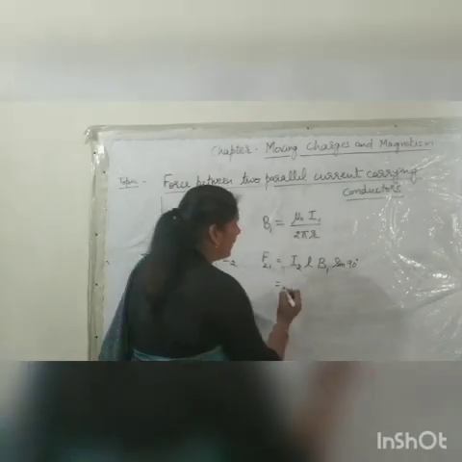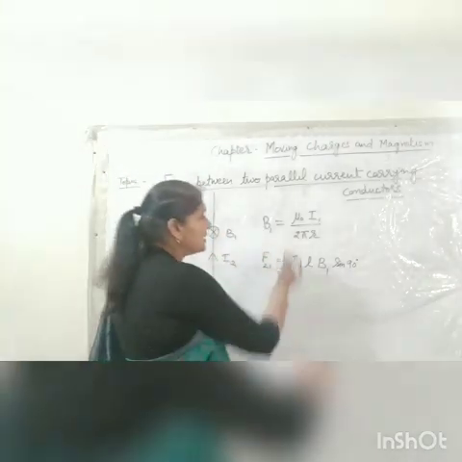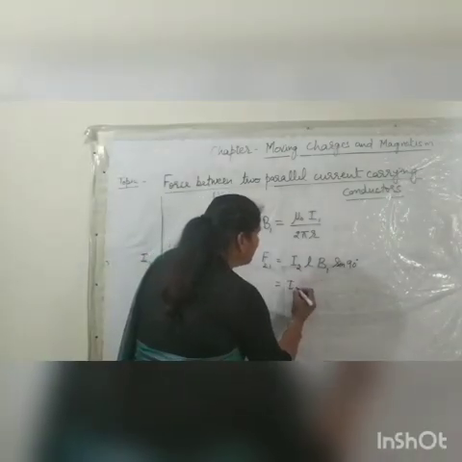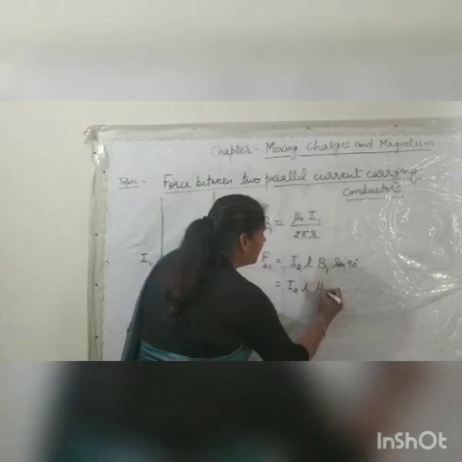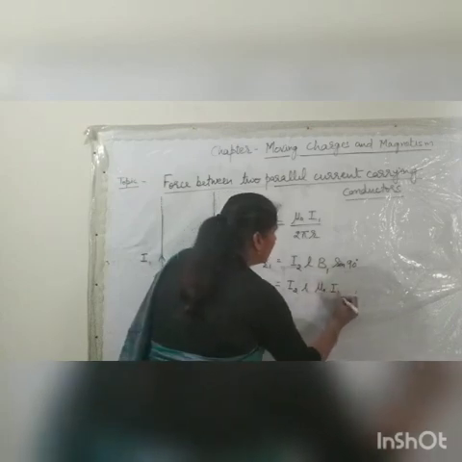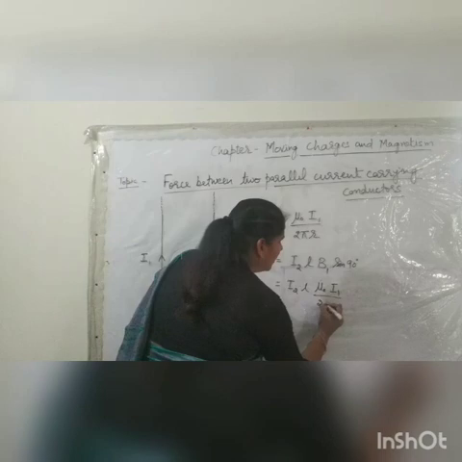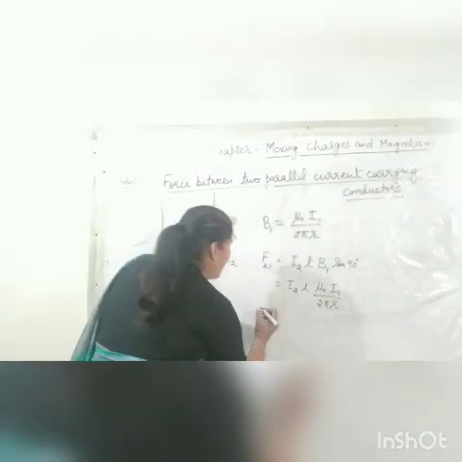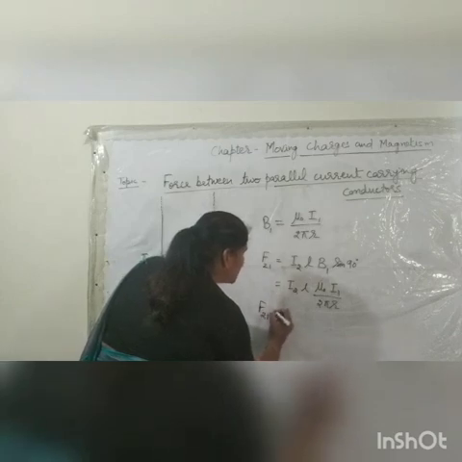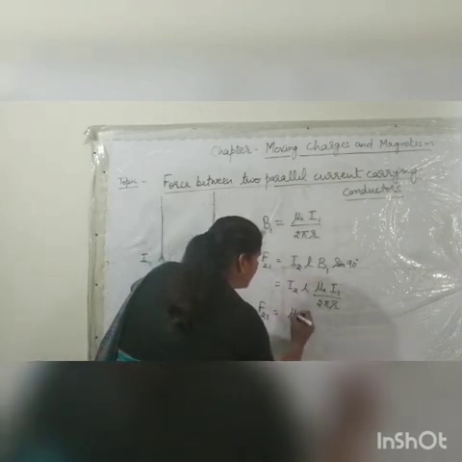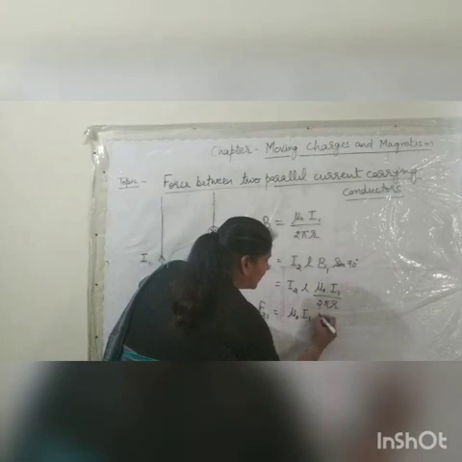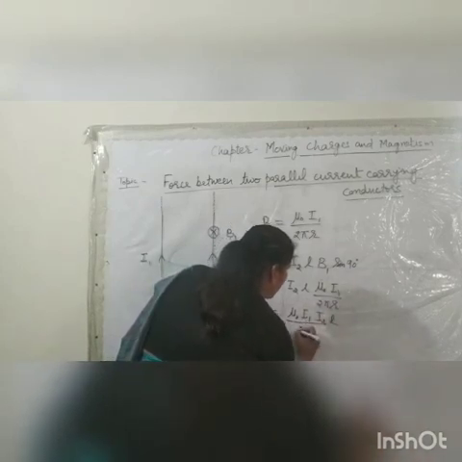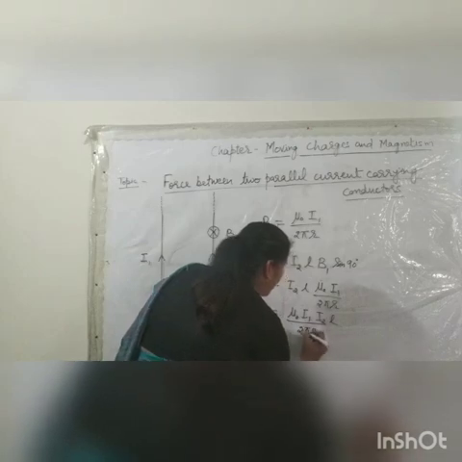And when we substitute for B1, this expression comes out to be I2 L mu naught I1 upon 2 pi r, and sine 90 is 1. So F21 is equal to mu naught I1 I2 L upon 2 pi r.